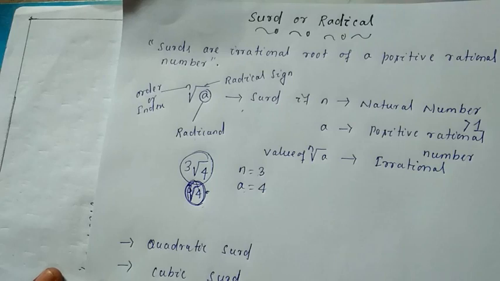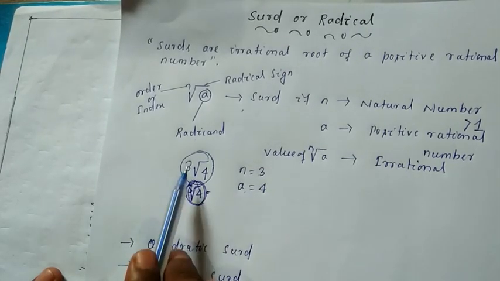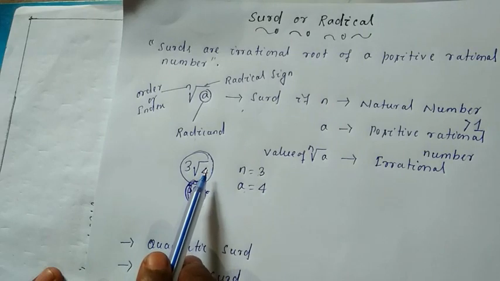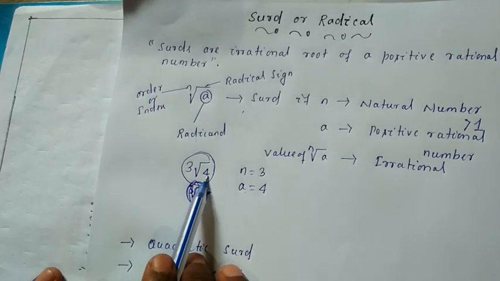Its decimal expansion is non-terminating and non-repeating. So cube root of 4 is an irrational number, and it satisfies all the three conditions for a surd. That's why cube root of 4 is an example of a surd.